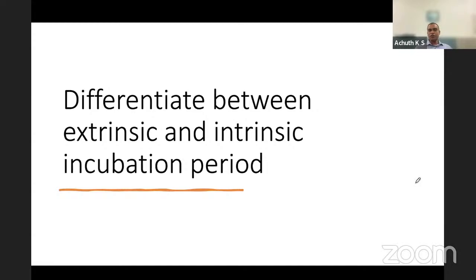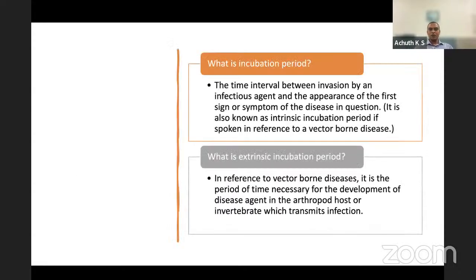And we have a last question for this day, differentiation between extrinsic and intrinsic incubation period. What is incubation period? It is the time interval between invasion by an infectious agent and appearance of the first sign or symptom of the disease in question. It is also known as intrinsic incubation period in reference to vector-borne diseases.